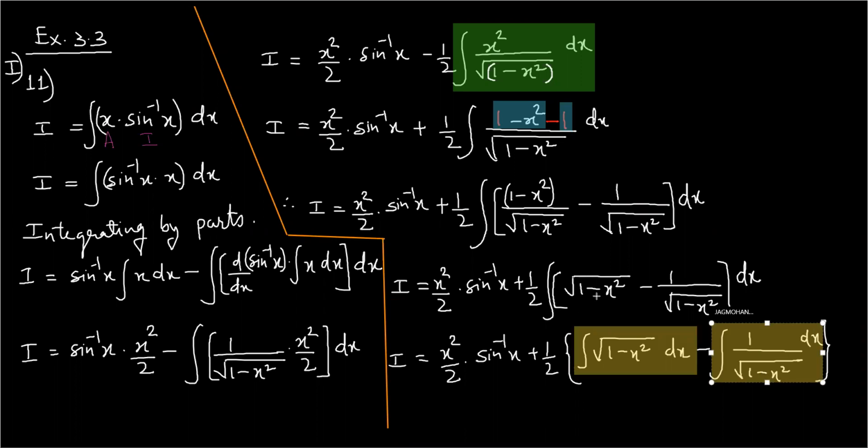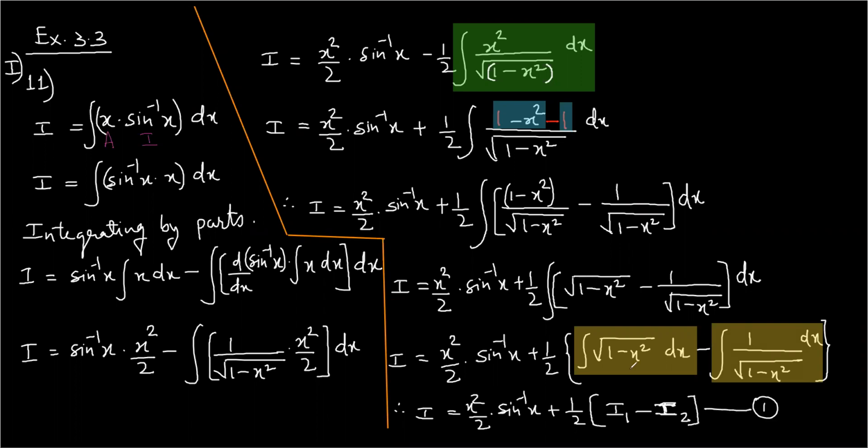So the next step I get is, therefore, I equals x square by 2 into sine inverse of x plus 1 by 2, and inside the bracket I have I1 minus I2. This is equation number 1.